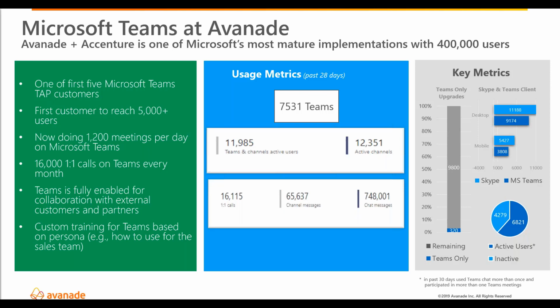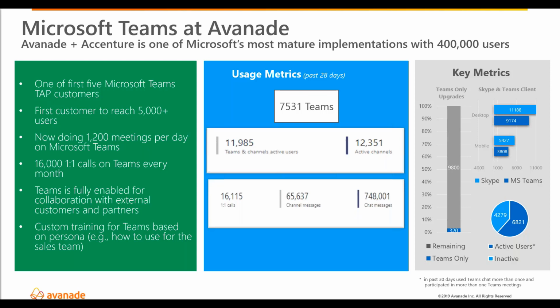Skype culturally was very beloved within Avanade, and there was a heavy reliance on being able to chat, presence awareness, and leveraging Skype for our conference calls and our meetings. Being a global company, and especially having colleagues that we work with day to day all over the country, it's really important for us to be able to connect and to remove that geographic divide by leveraging screen sharing and conference calls and meetings.